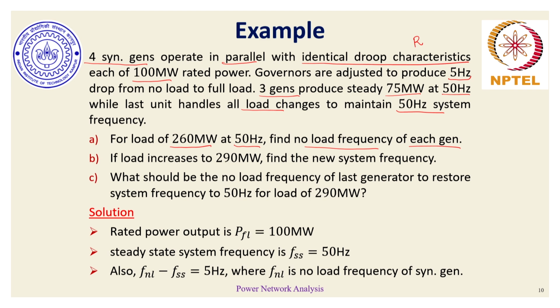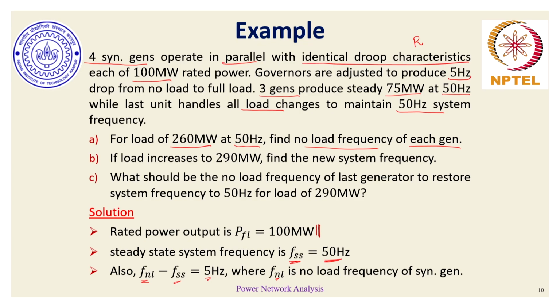Given that the full load or rated power of each unit is 100 megawatt and the frequency drop from no load to desired operation or steady state is 5 Hz. So, we assume FSS, which is representing steady state frequency, to be 50 Hz, and the no load frequency compared to steady state frequency is 5 Hz. FNL is the no load frequency of the individual generator.